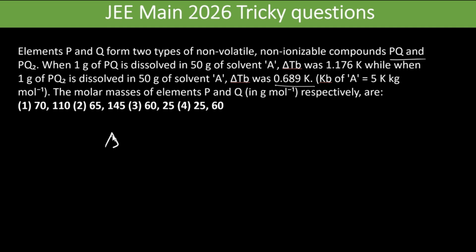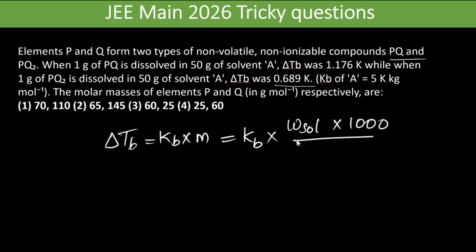Let's solve it. Anyway, there is one formula for delta Tb, right? Let's start with that. Kb into m. What is m? Molality. So the weight of solute into 1000 divided by the molecular mass of solute and the weight of solvent, right? Let's substitute for PQ.